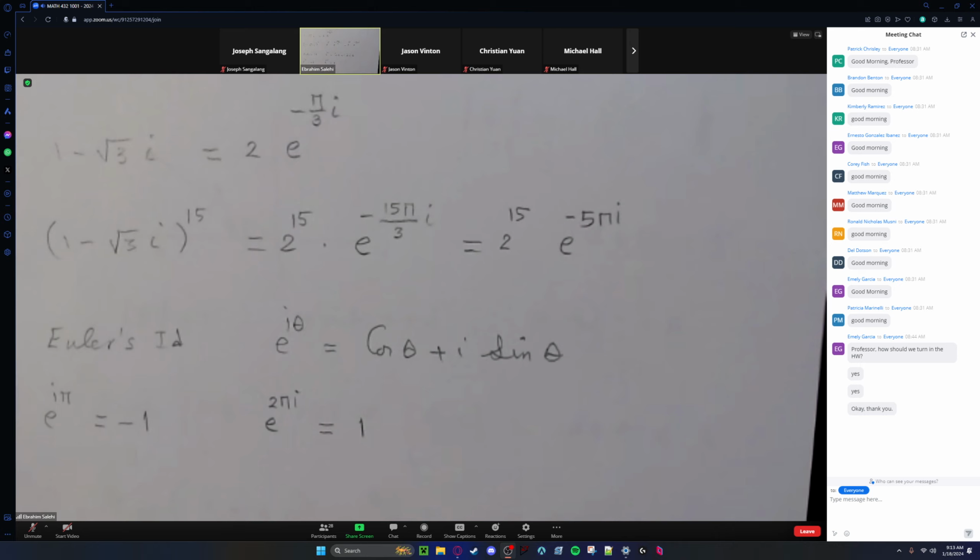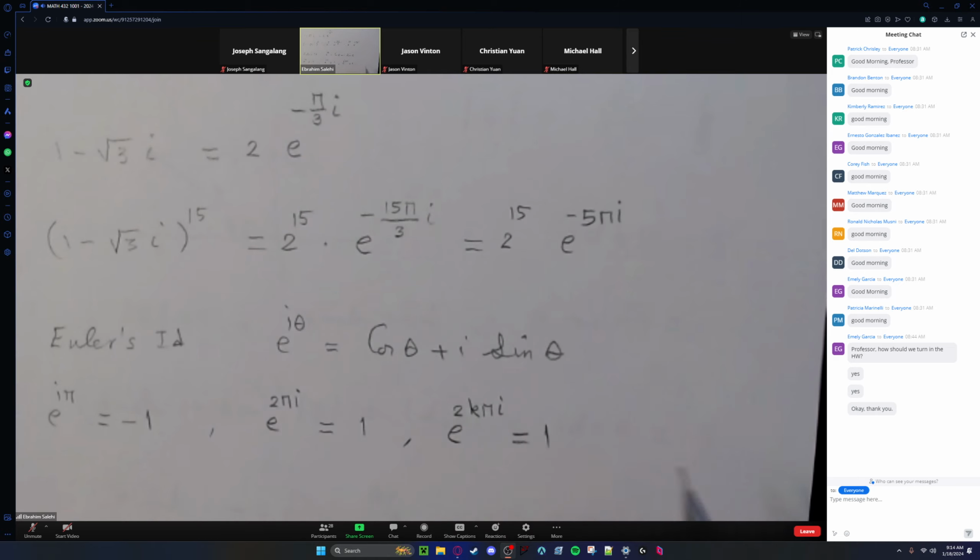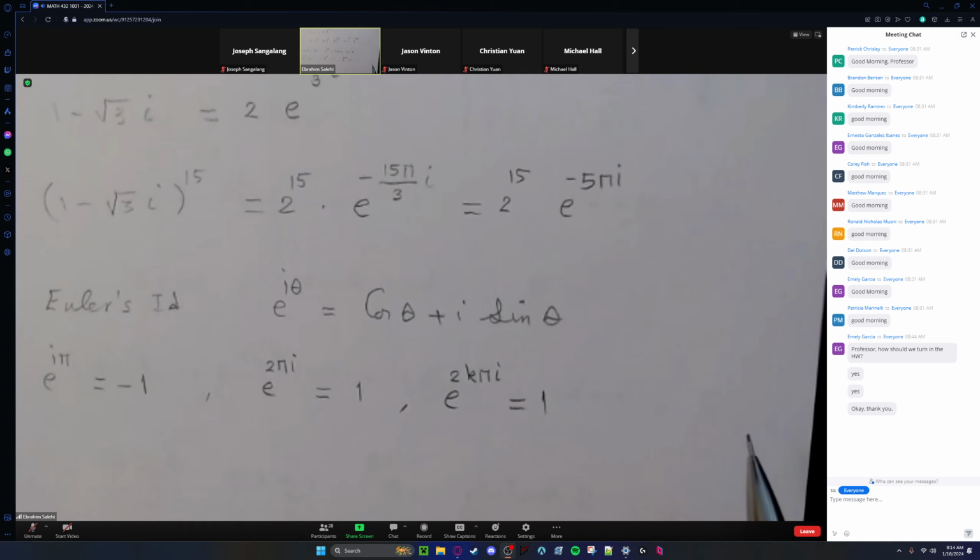In fact, whenever you have a multiple of 2 pi, e to the 2k pi i is 1. All right? K can be negative or positive, doesn't matter, right? Because cosine of negative theta is the same as cosine theta.